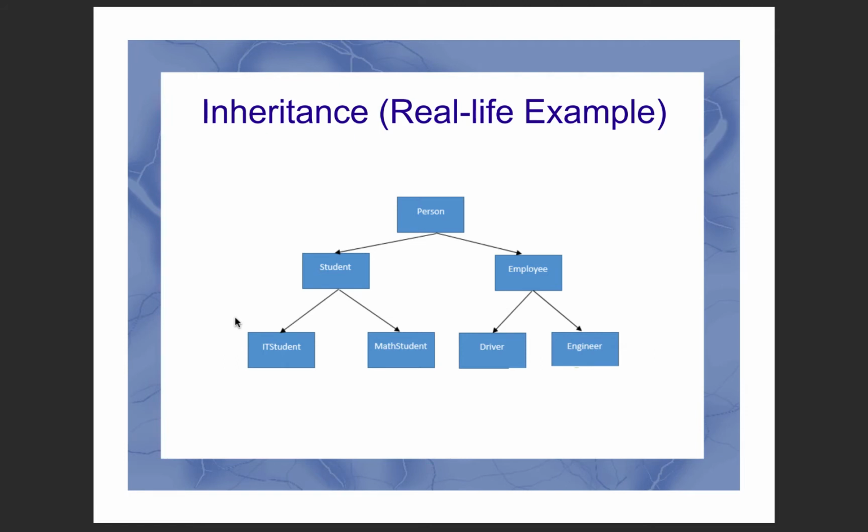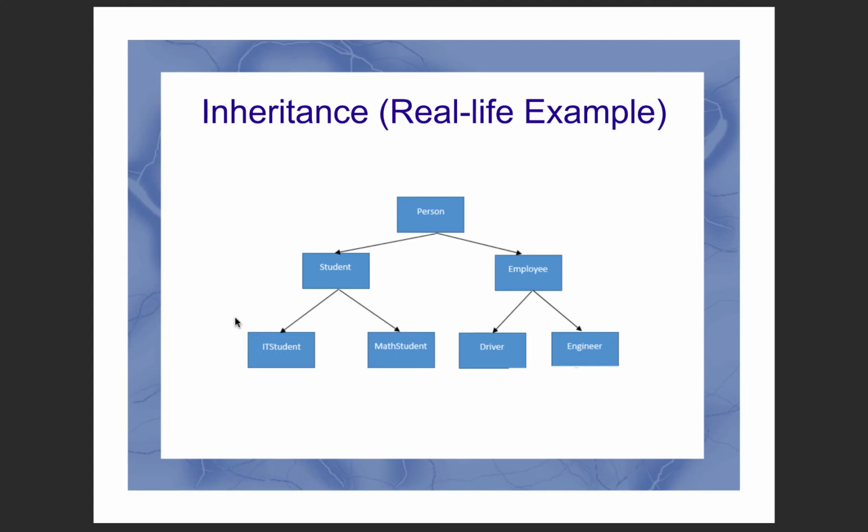If you consider person as a superclass, then under it there are two different subclasses, student and employee. Student is a person, employee is a person, but student is not an employee. Both are persons, but they have different characteristics.